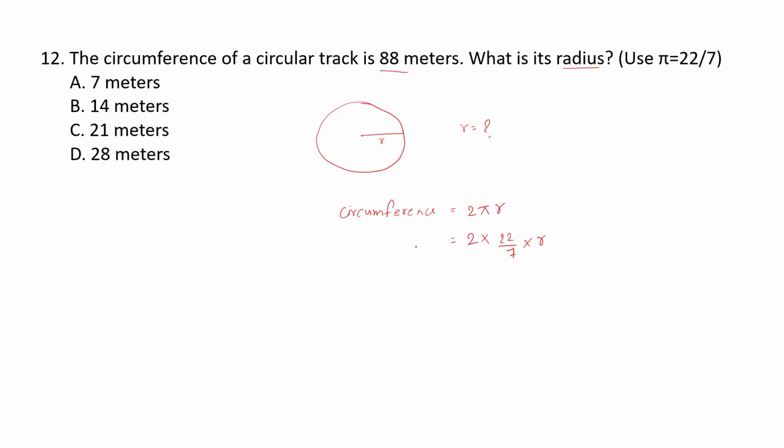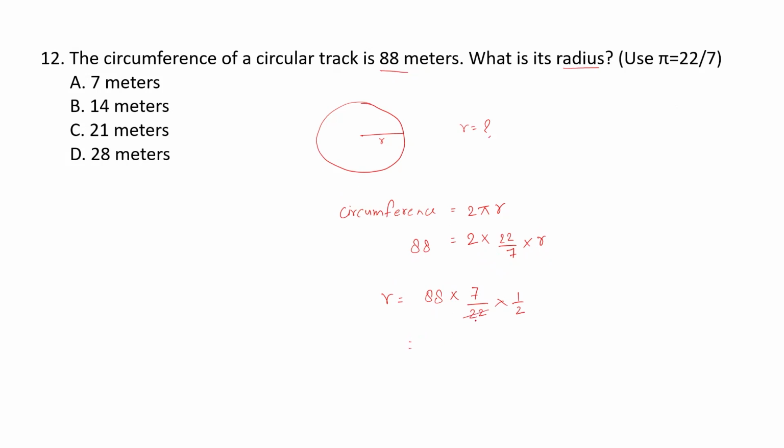Means that all these things is equal to 82. So R you have to compute. Take everything to this side. So R is equal to 82 into 7 upon 22 into 1 by 2. So every operation is in reverse form when you take these things to this side, from right to left.